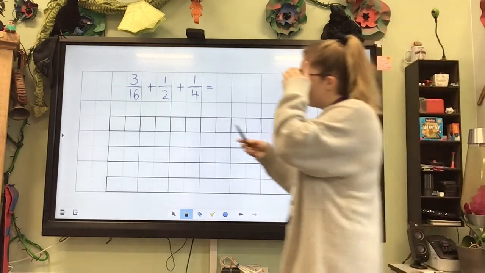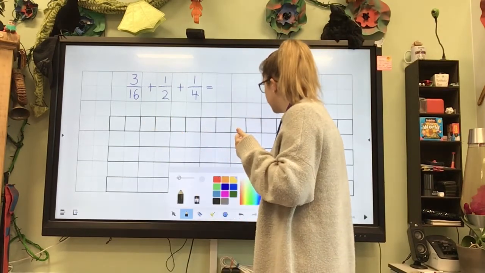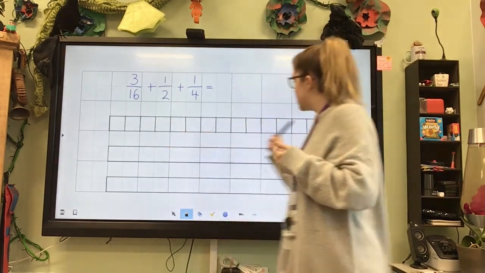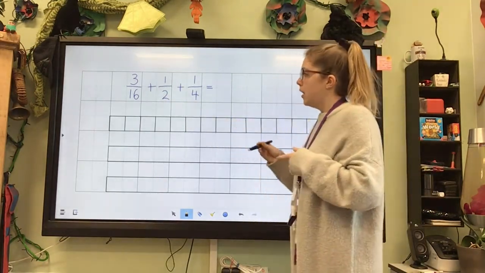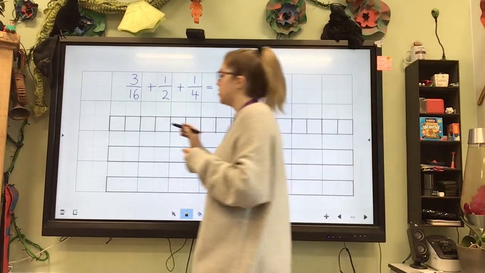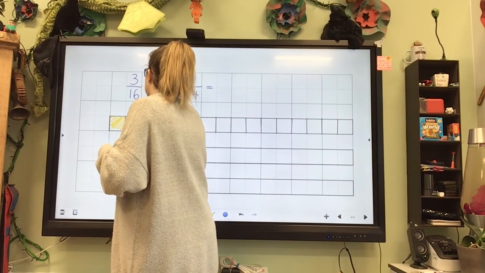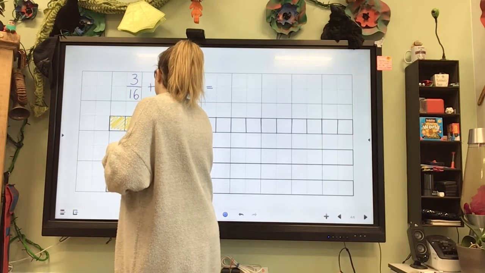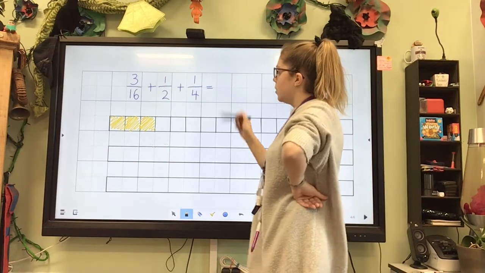So we need to look at our fractions, and I can draw them, represent them on my bar models. So I've got my first bar, which is split into 16 because that was the highest multiple on my board. And I've got 3/16, so I'm going to shade 1, 2 and 3. Just like that, my 3/16. Now what about a half?